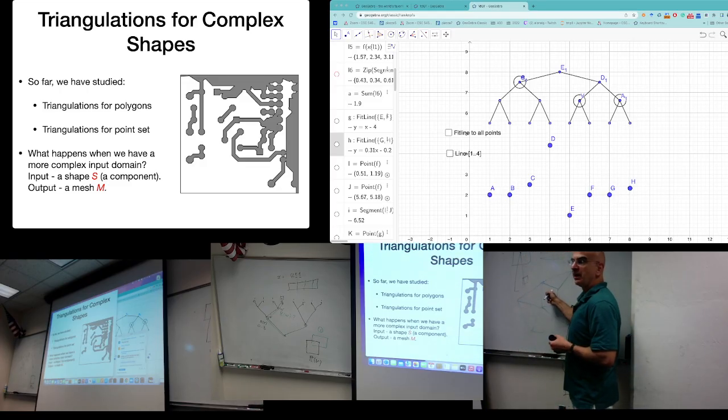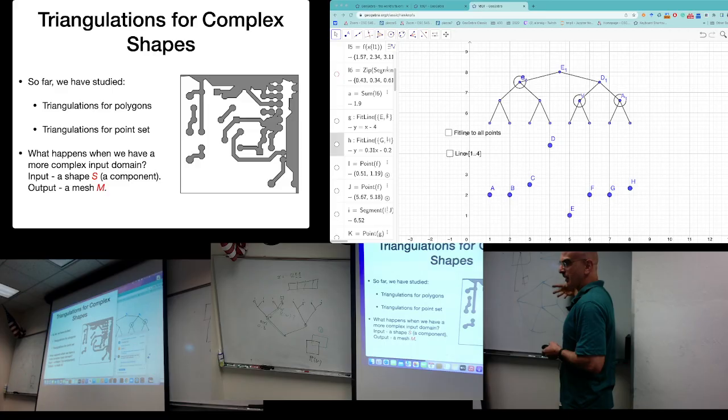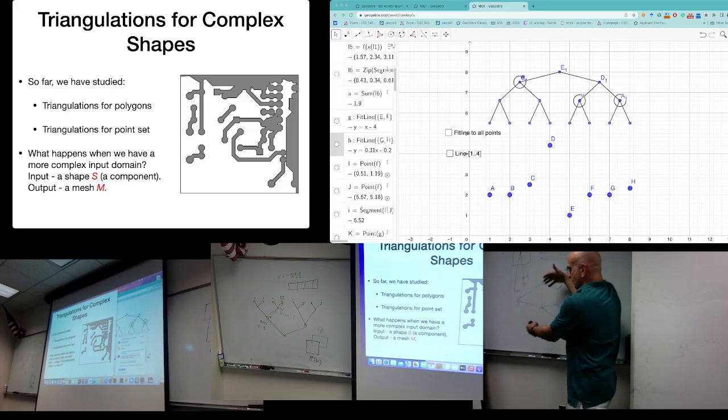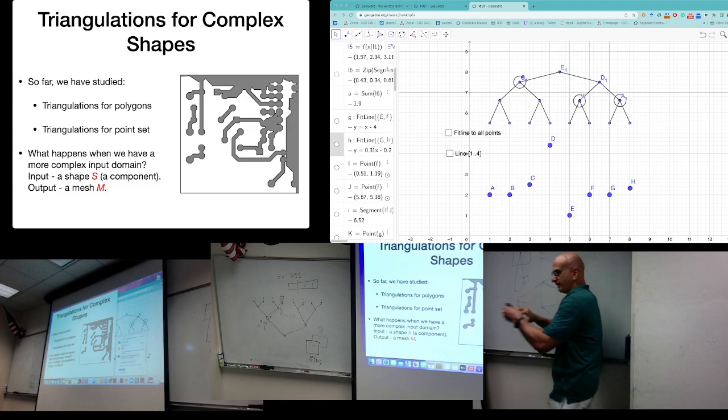Simple means each shape is described by only a few edges, maybe 3 if it's a triangulation, and every shape should have only a few neighbors. If I ask about any process that moves from one region to another, like wind, heat, energy, population, anything that is dissipating inside this whole shape, I want to ask each shape, what's happening inside you? Well, you need to only check with very few neighbors.